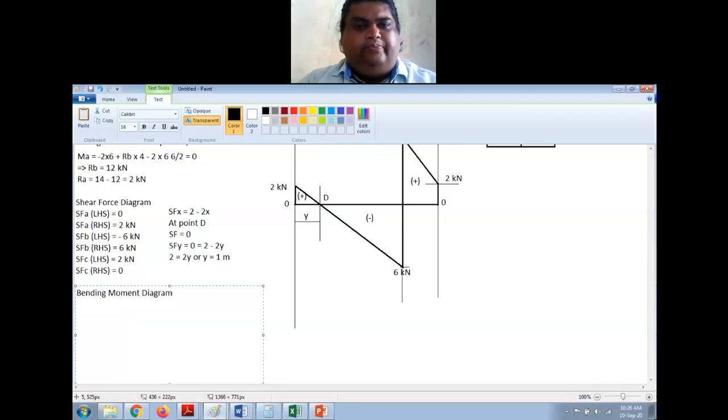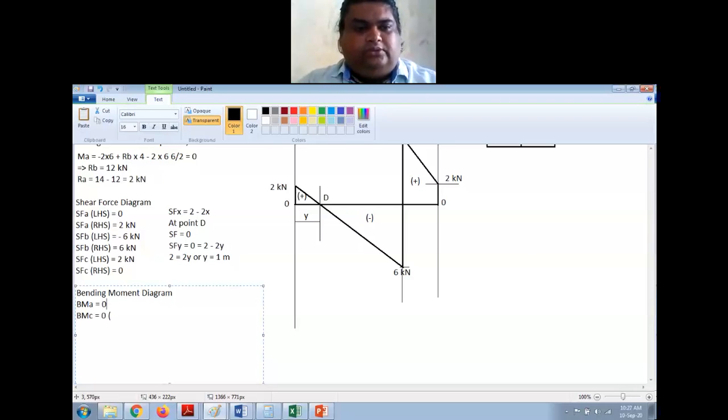Bending moment diagram. For finding the bending moment diagram, you can always just close your eyes and write the bending moment for the ends, right? So bending moment at A is equal to bending moment at C is equal to 0. Or I will make this two statements because both are different conditions.